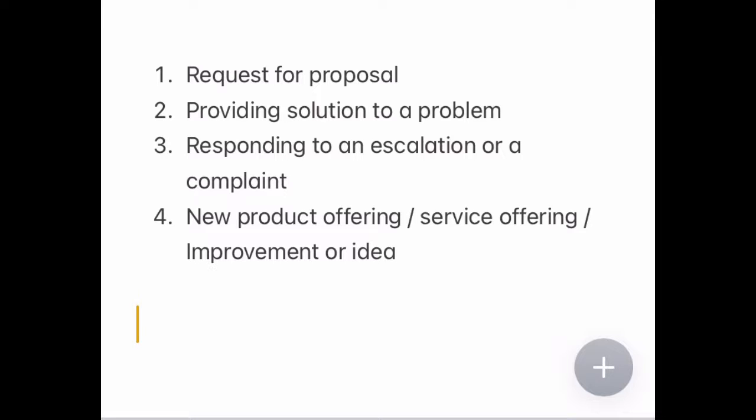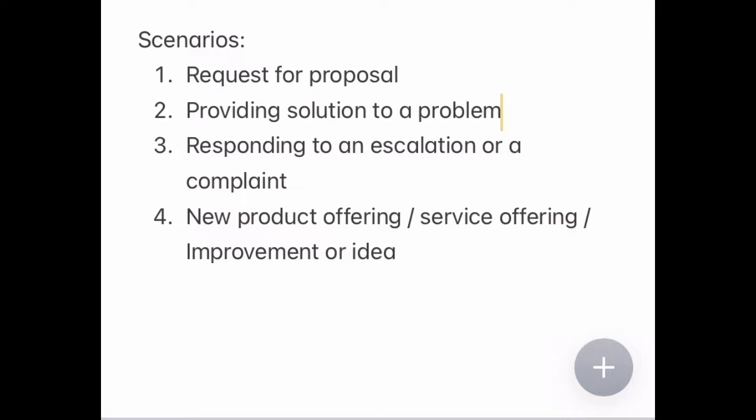So in all such cases, these are some scenarios I am talking about. It need not necessarily be a complete list of all the contexts in which you will have to make a presentation. Definitely this is not all of it, but to give the idea, in many different cases like these, you will end up making a presentation.